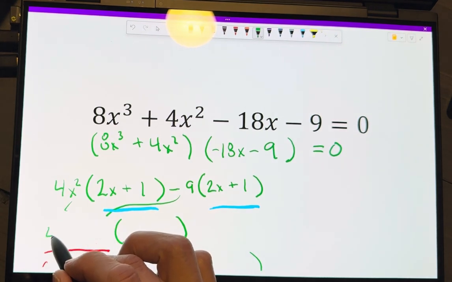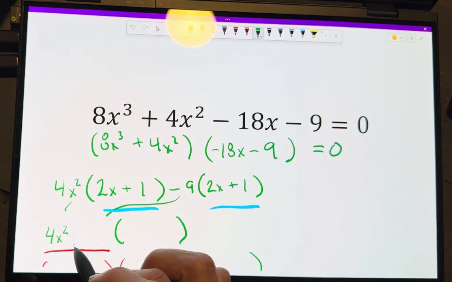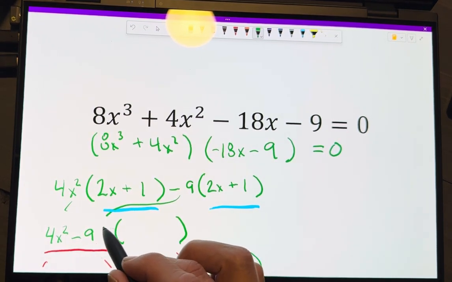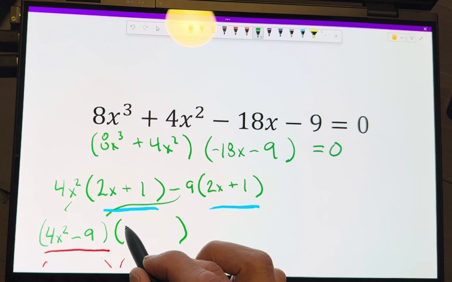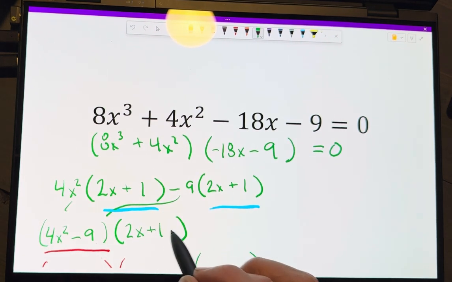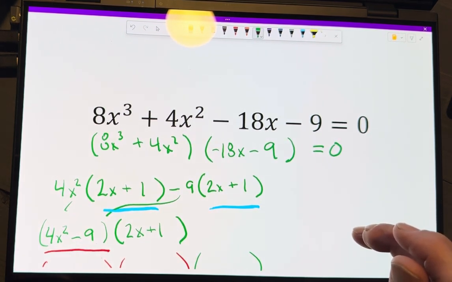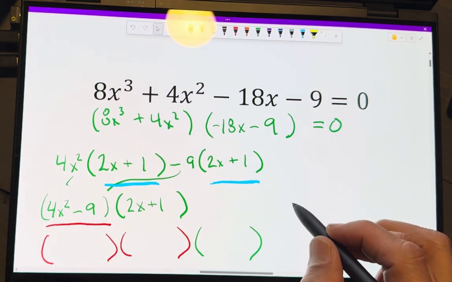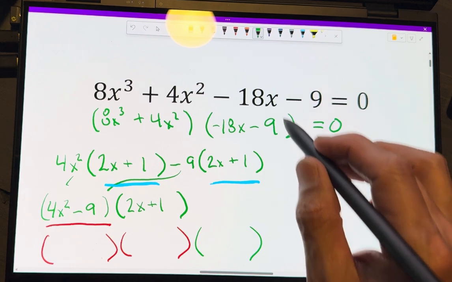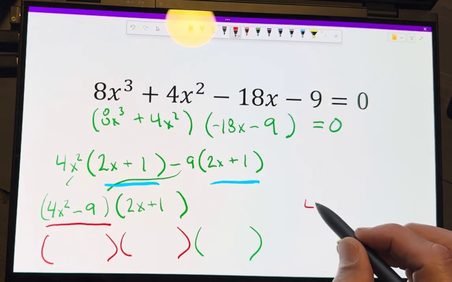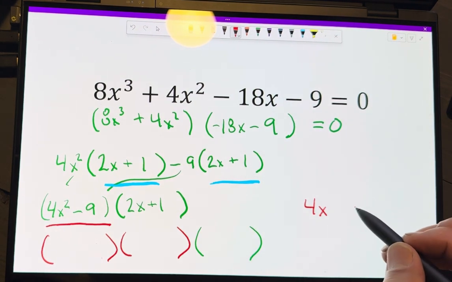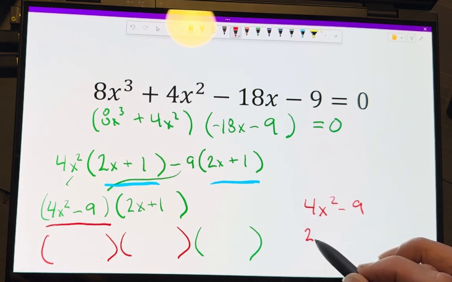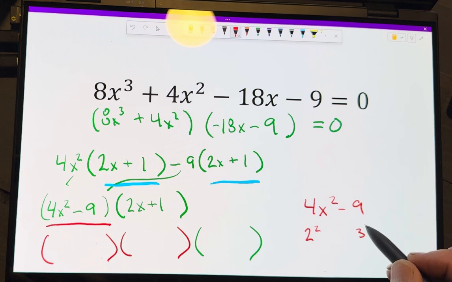So now we have 4x squared minus 9 times the quantity 2x plus 1. 4x squared minus 9 should look familiar to you. It is the difference of squares, 2 squared and 3 squared.